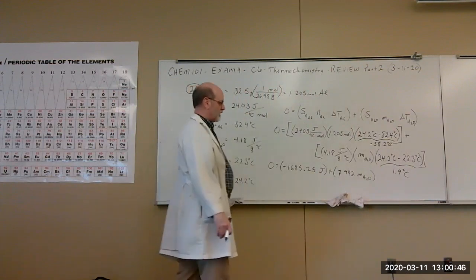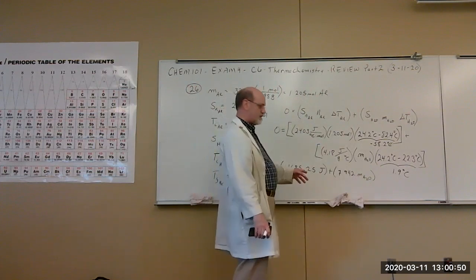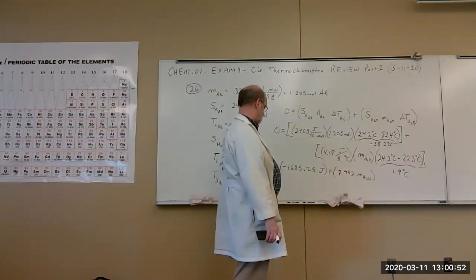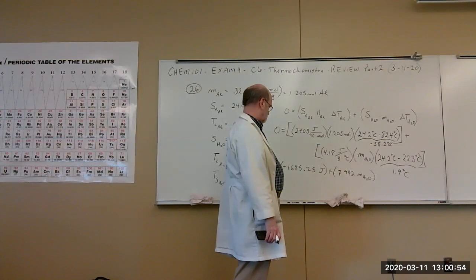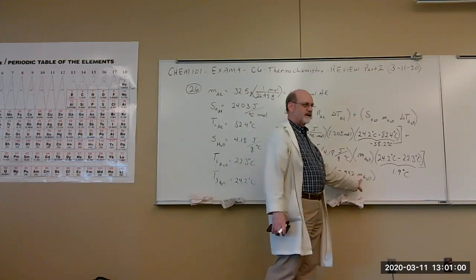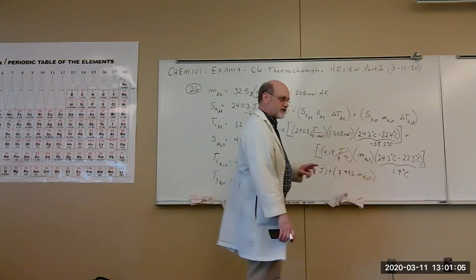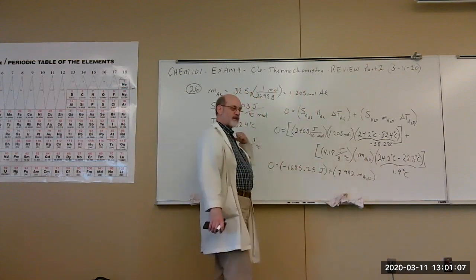Now, how do we find out what the unknown is? Because we don't know what this one is, you can't add them together yet. What you do is you have to get the unknown on one side of the equation.